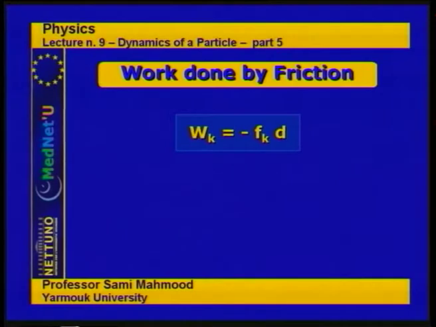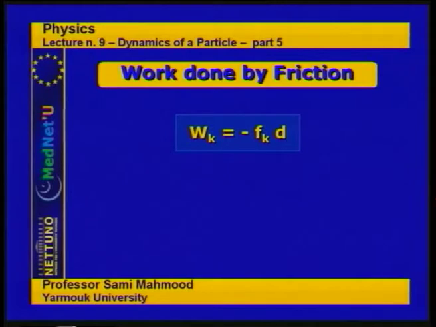Work done by friction, for example, is always equal to minus the force of kinetic friction times the displacement. We take into consideration the kinetic friction because, of course, if the object is not moving, then there is no work done. So if we are talking about work, that means we are considering the object while it is moving, in which case the kinetic friction is working on it.